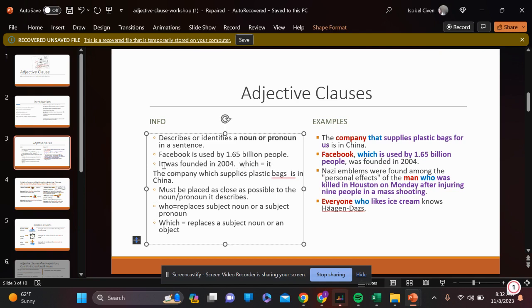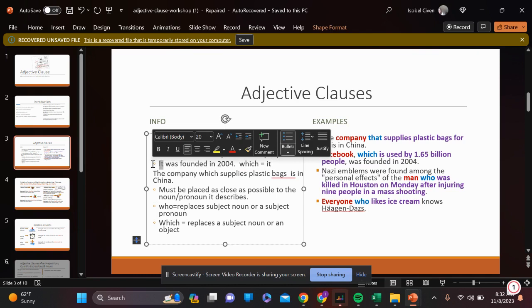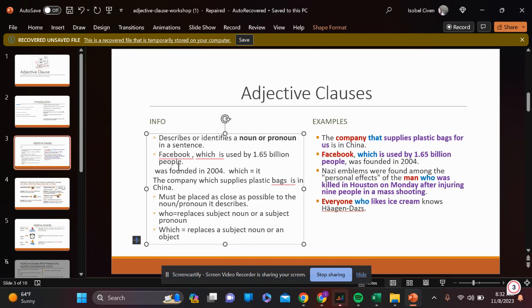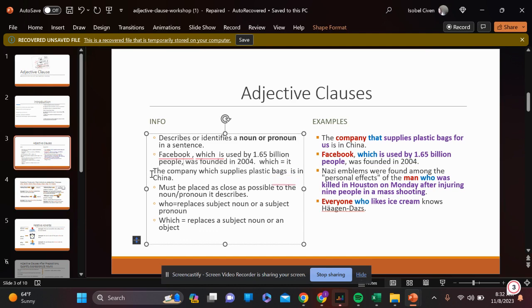So what you need to do is delete it and say Facebook, comma, which is used by 1.65 billion people, comma, was founded in 2004. So there you have it.